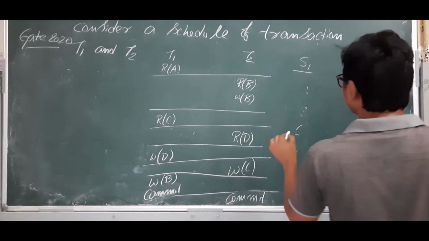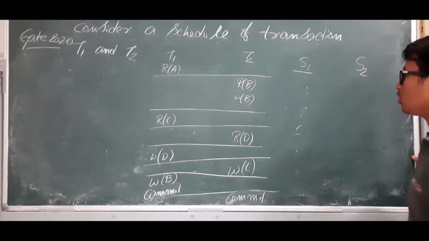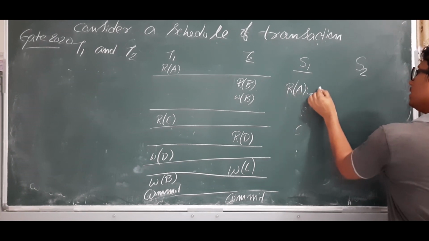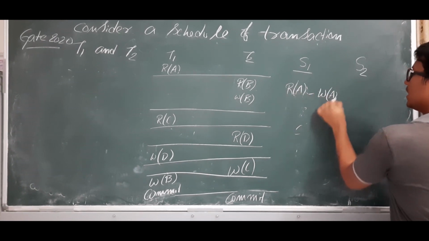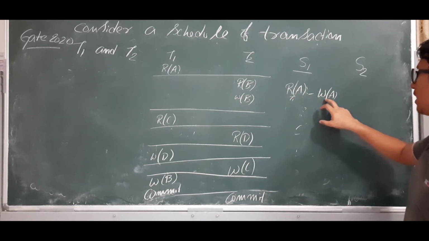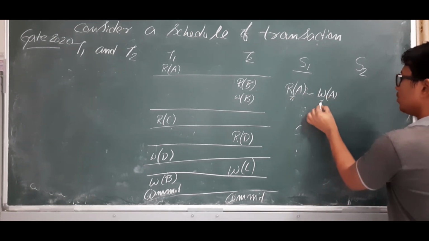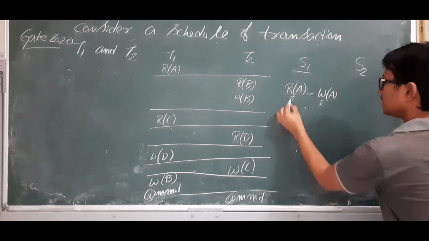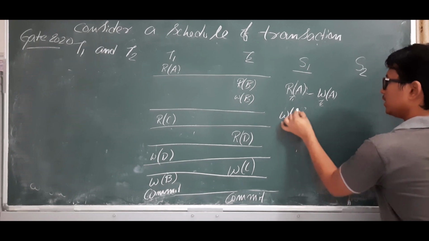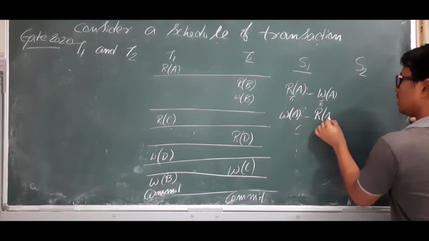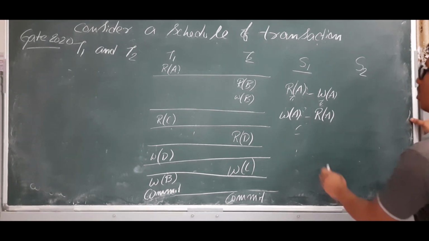I think everyone knows what the conflict operations are. If transaction 1 is performing a read operation and after that transaction 2 is performing a write operation, then we can say it is a conflict. Similarly, if transaction 1 is performing a write operation and then transaction 2 reads that value, it is a conflict.